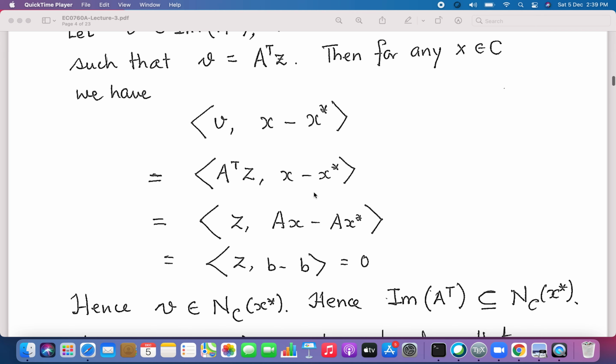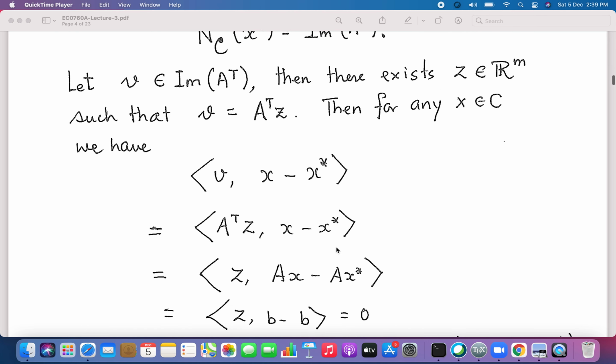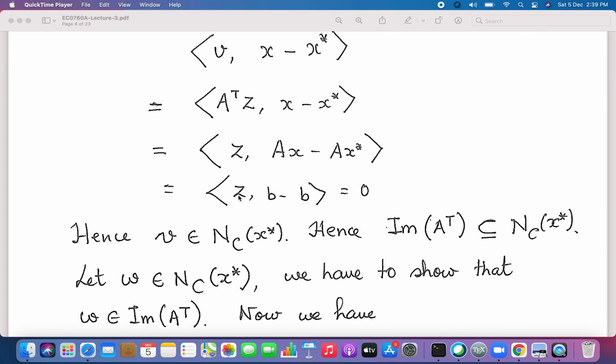But x is an element of C, so Ax is equal to b, and x star is a minimizer, so A x star is equal to b. If x star is a local minimizer, then A x star is equal to b. Which means this inner product of v with x minus x star is equal to 0, which means v is an element of N_C(x star), and hence the image of A transpose is nothing but N_C(x star).